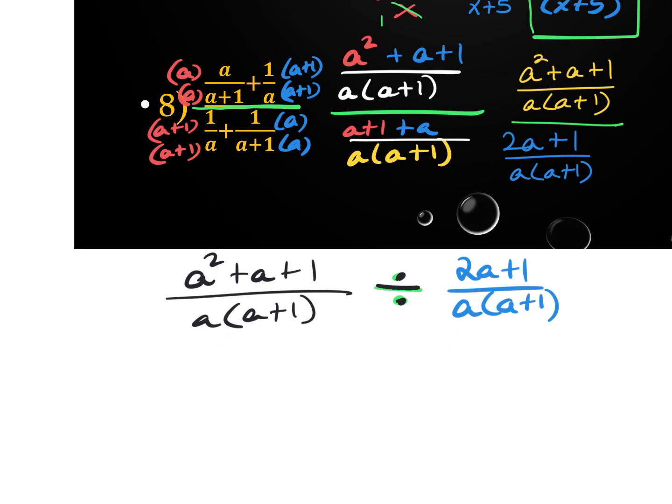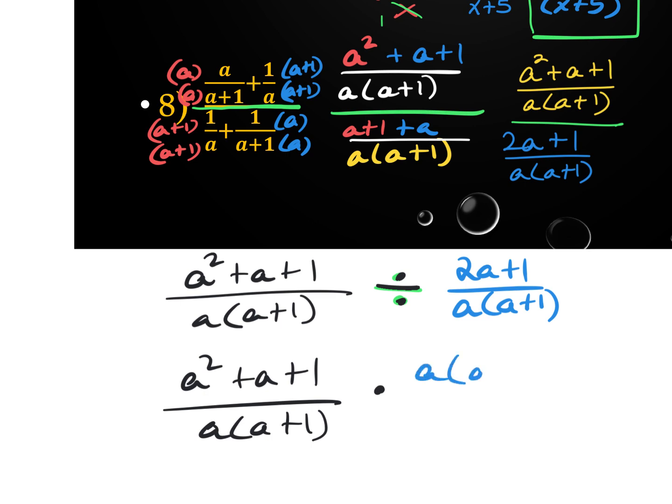Keep the first fraction the same. Change it to multiplication. Flip the blue upside down. And now I'll look for things to simplify. So notice the a's simplify. So do the a plus 1s.